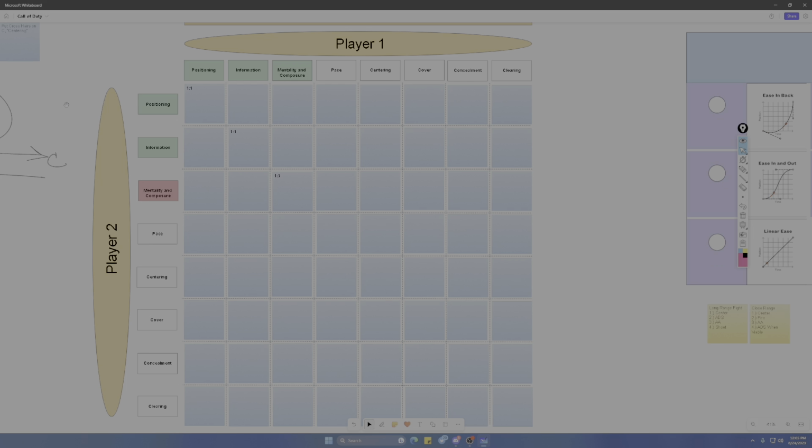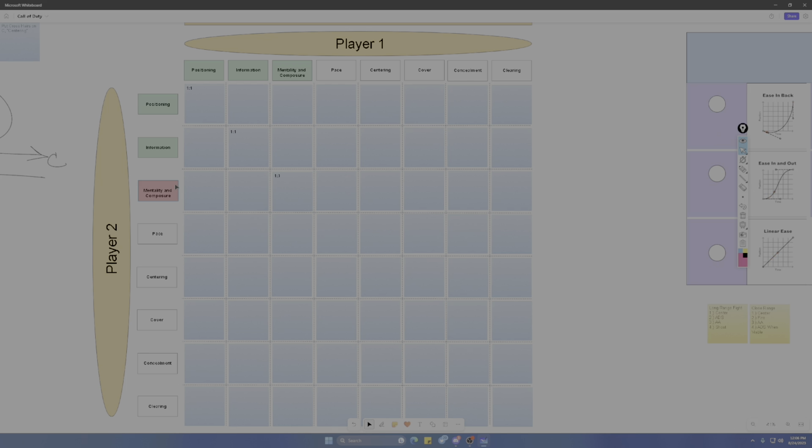I mean, if you break someone, that's one thing, but your mentality and composure is really going to come from your confidence in your positioning and information gathering, and how well you know how to center and play cover.